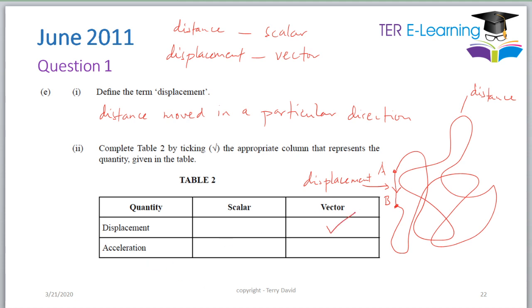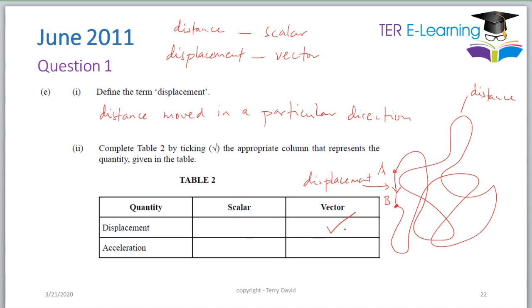Acceleration, can somebody tell me if acceleration is scalar or vector? So Emily is saying it's a vector quantity.